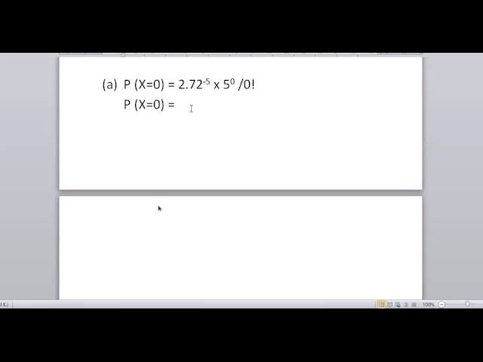Usually, don't erase, just leave it there. You can just copy the answer. So this is 6.737946 multiplied by 10 to the power negative 3.